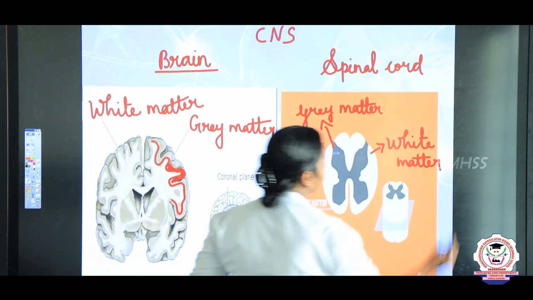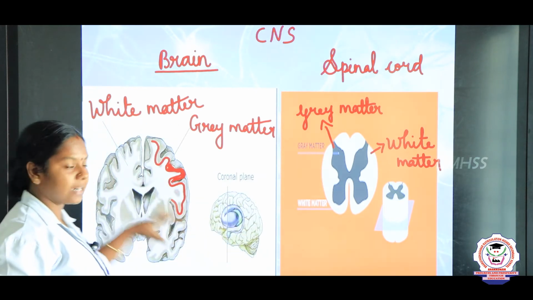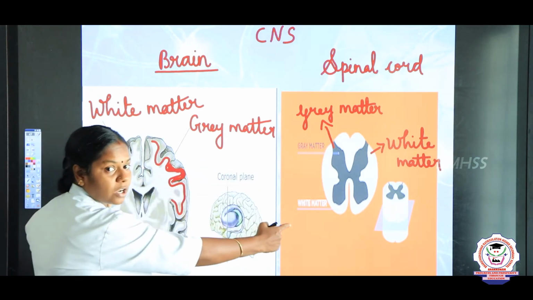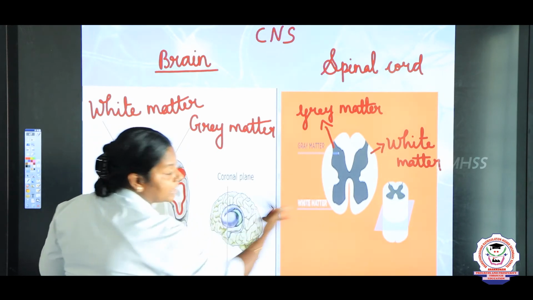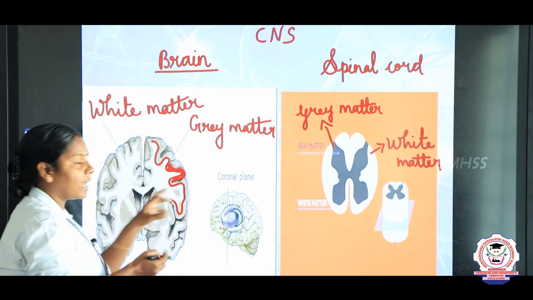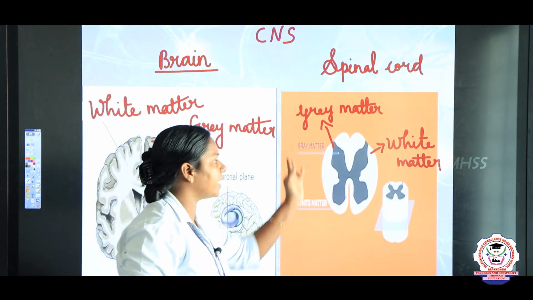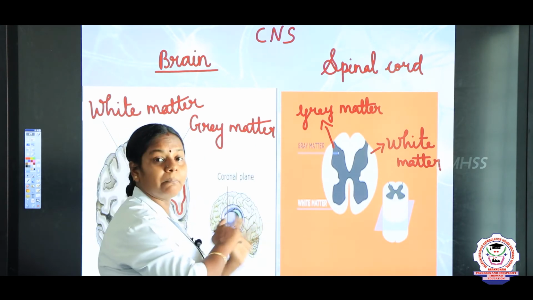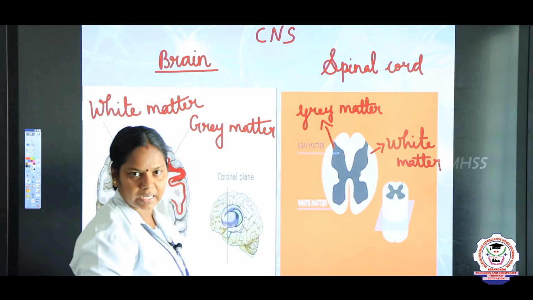So this is the main difference between the brain and the spinal cord. In the brain, the grey matter is outside, but in the spinal cord, the grey matter is inside, and white matter is present inside the brain, but here in the spinal cord, white matter is outside. So this is how you can compare the brain and the spinal cord.